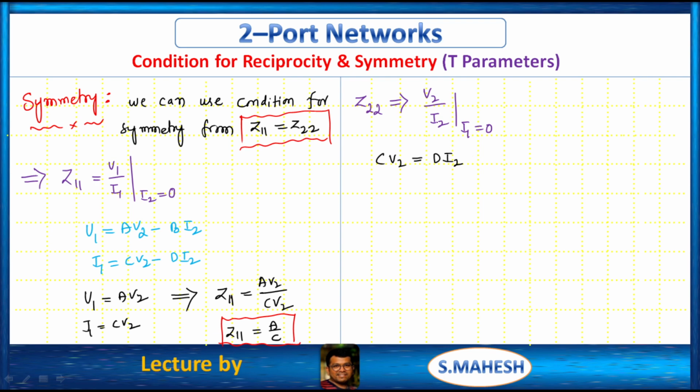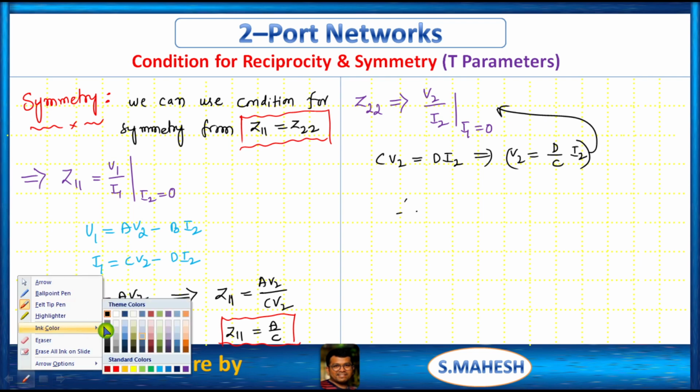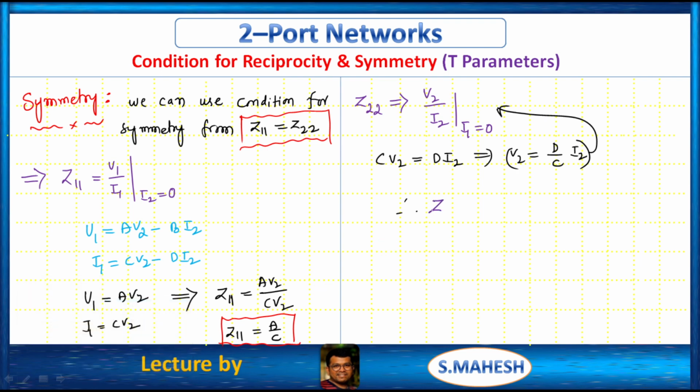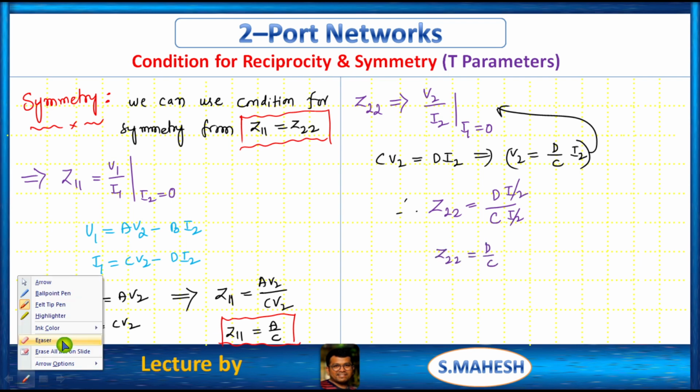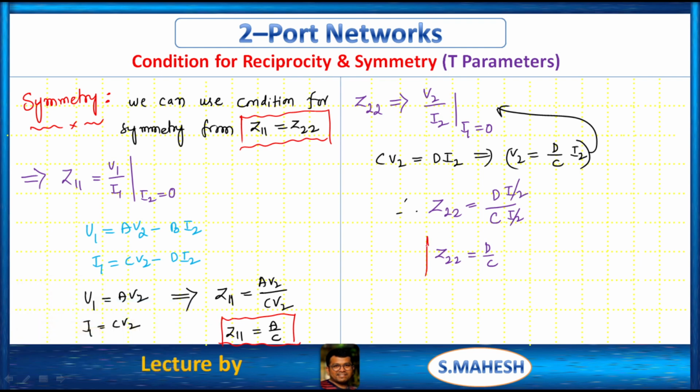So from this we can write V2 equals D by C into I2. Now we can substitute this into Z22. Z22 is V2 by I2, which is D by C I2 by I2. I2 gets cancelled, so Z22 is D by C, right?